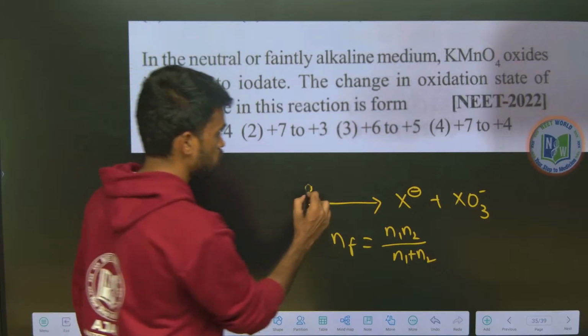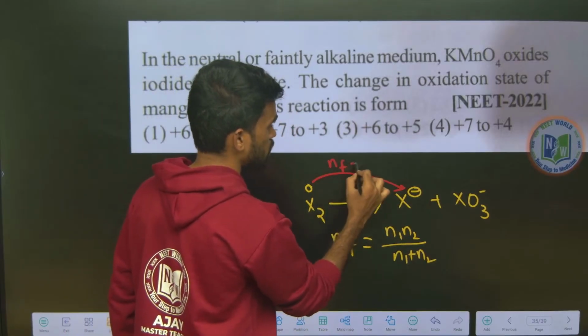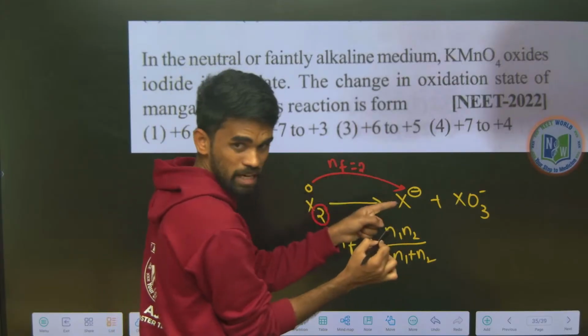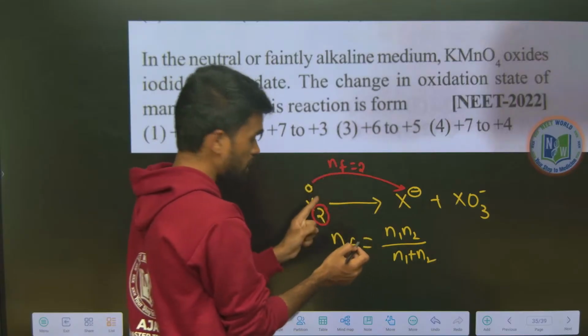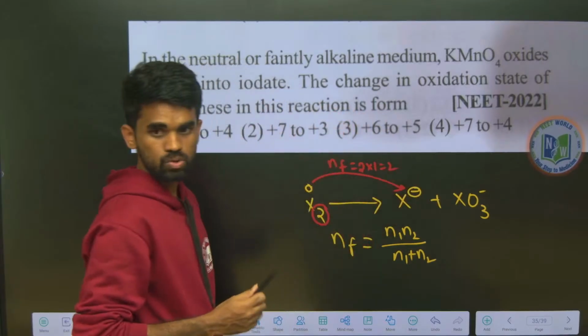Reduction. So one electron is gained by each X, and the total n factor is 2 in reduction.